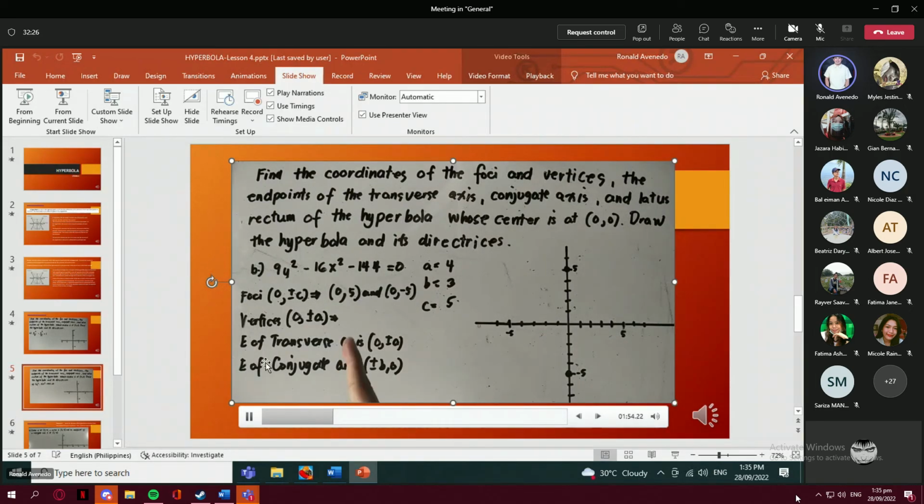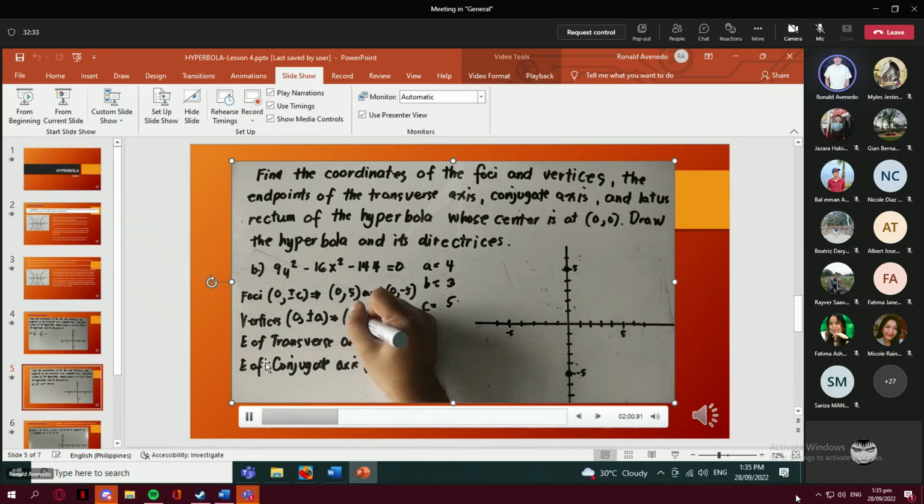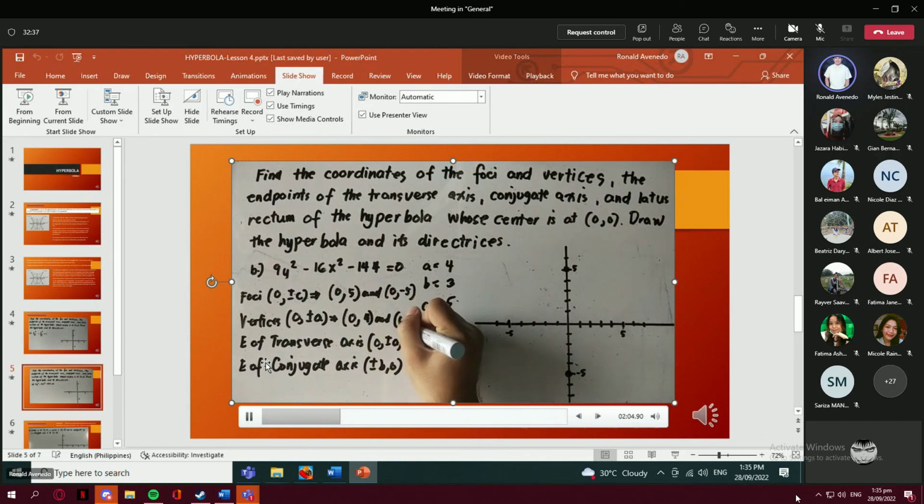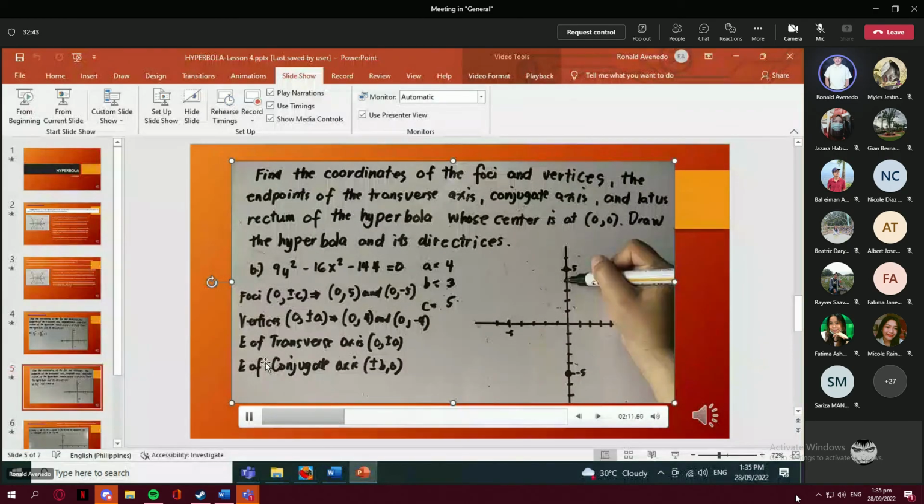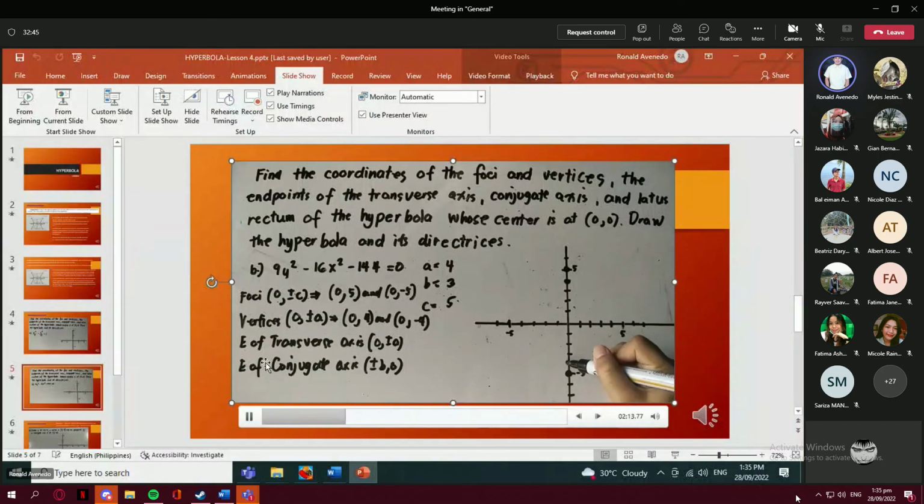Then vertices, we have 0, a is 4 and 0, negative 4. So 0, 4, 0, negative 4.